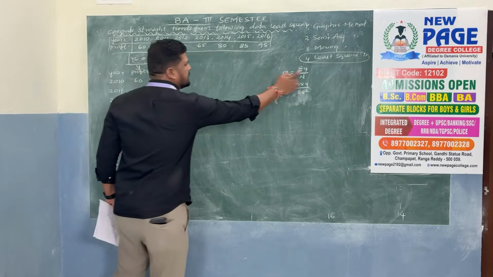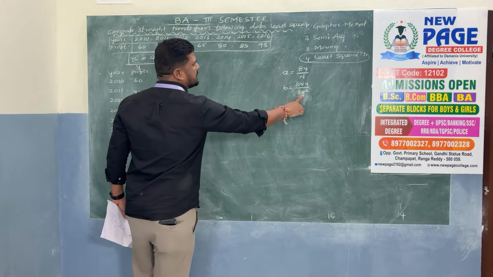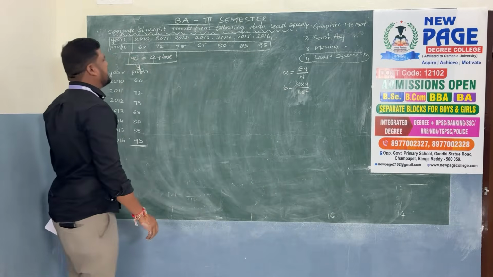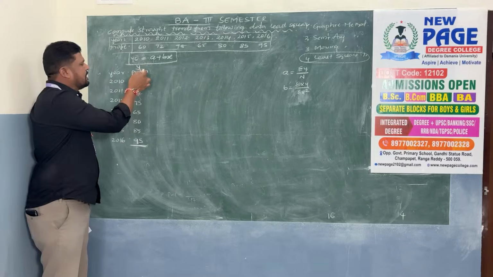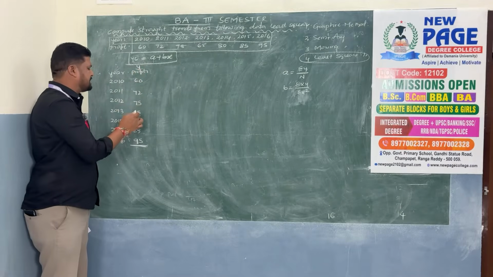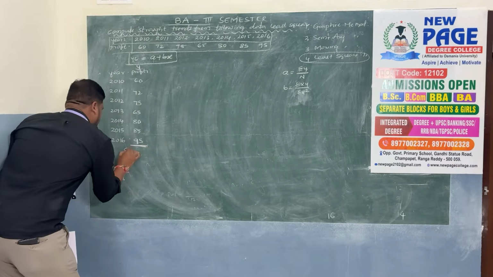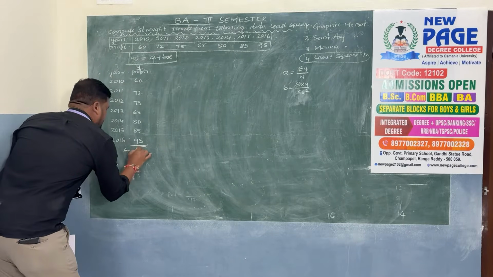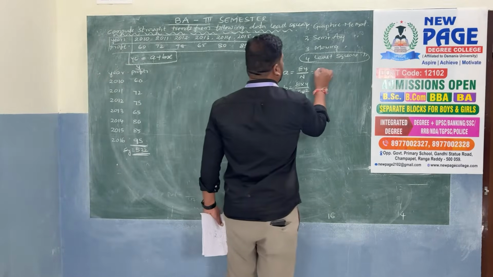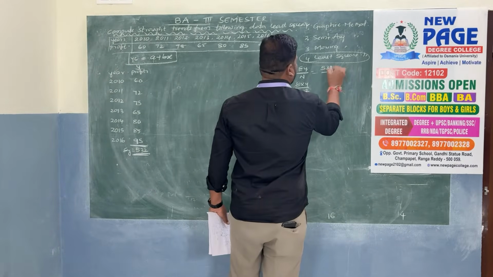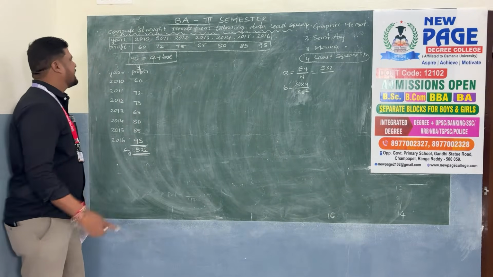Here are the Y values: profit 60, 72, 75, 65, 80, 85, and 95. The total of the profit, sigma Y, is 532. Here a = 532 divided by N, the number of observations.